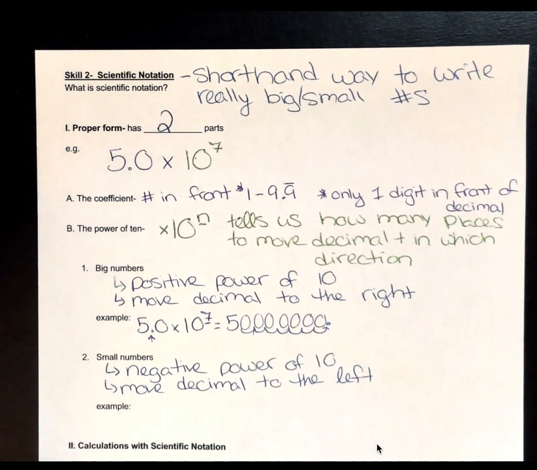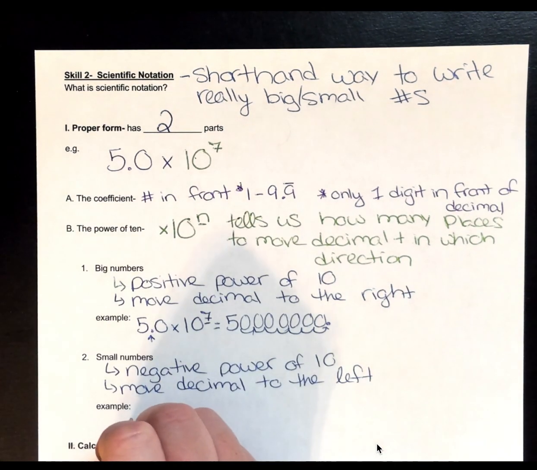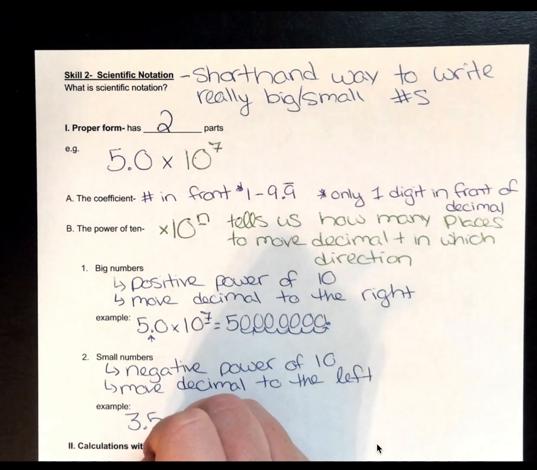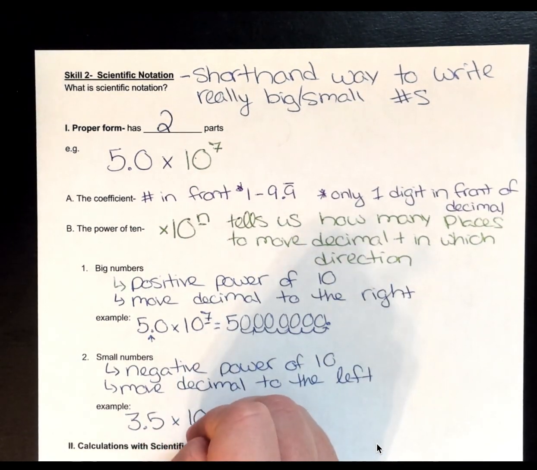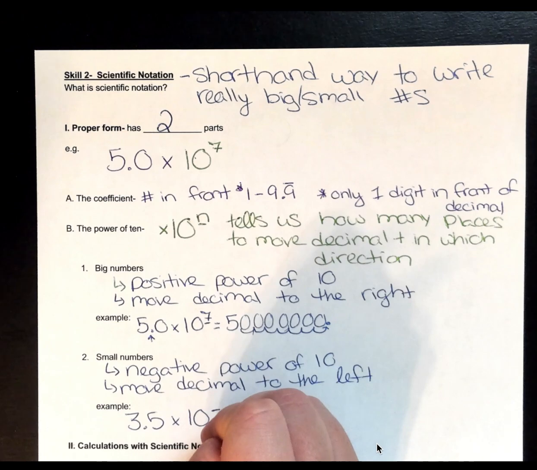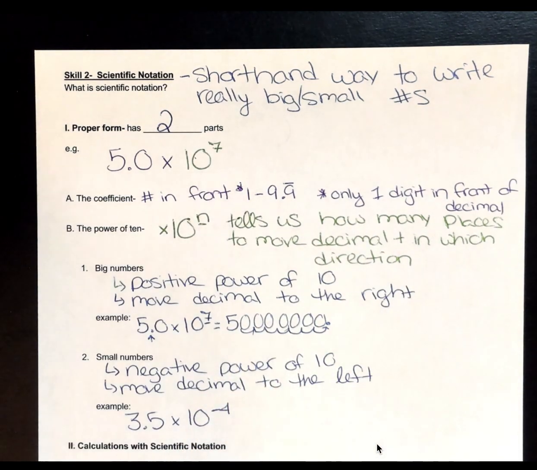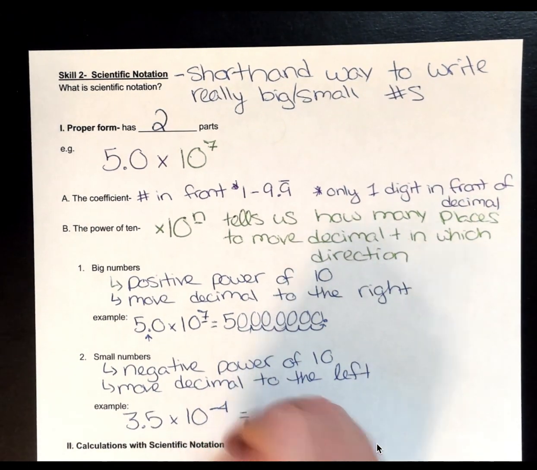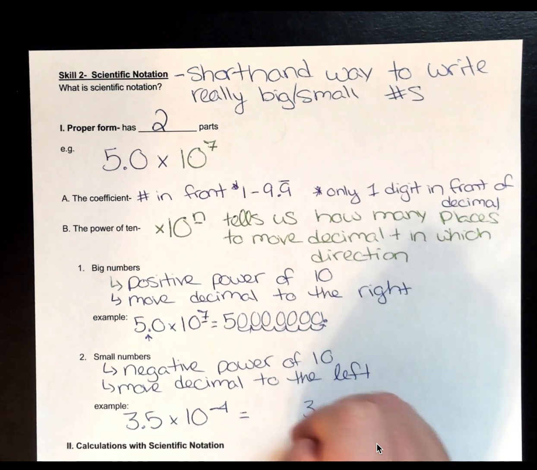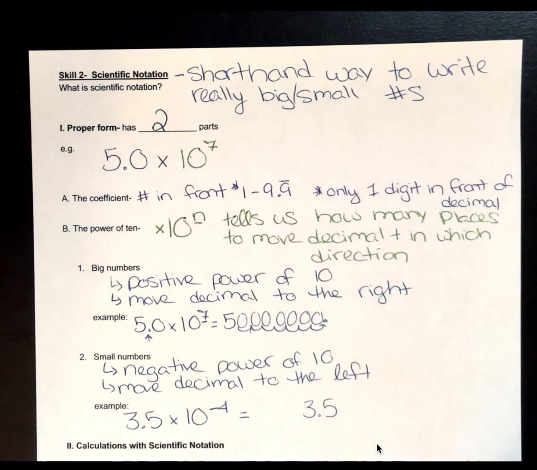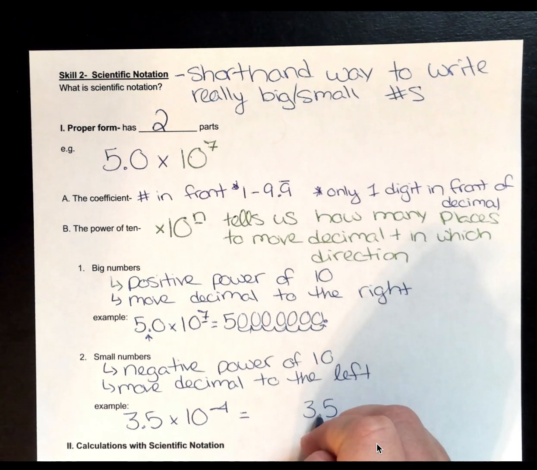So if my question instead was, say, 3.5 times 10 to the negative 4. Okay? So what that means is if I start with my 3.5, I'm going to take this decimal and I'm going to move it 4 places to the left.